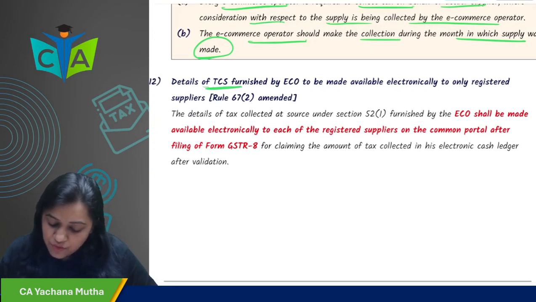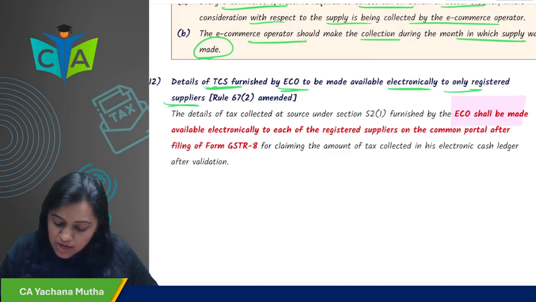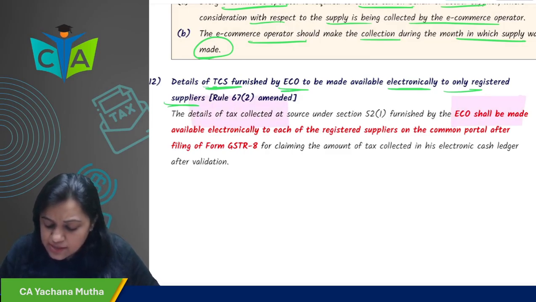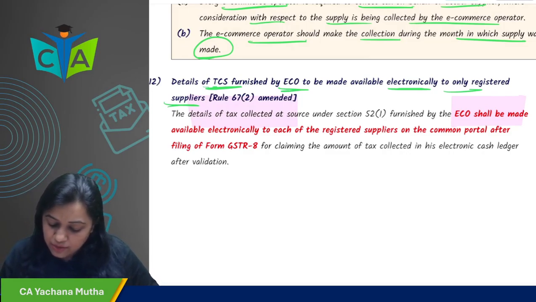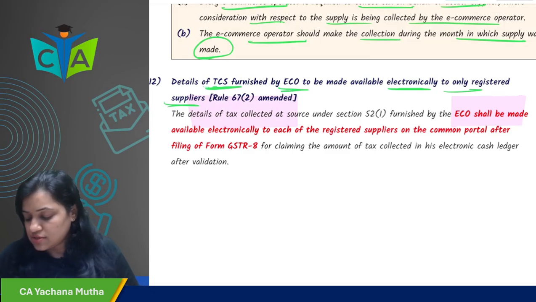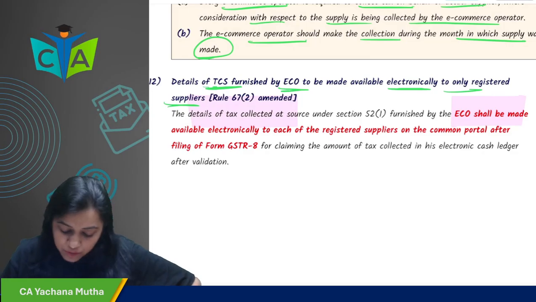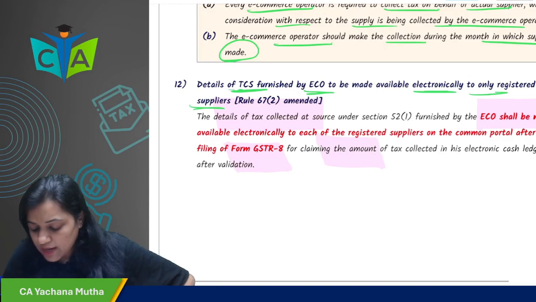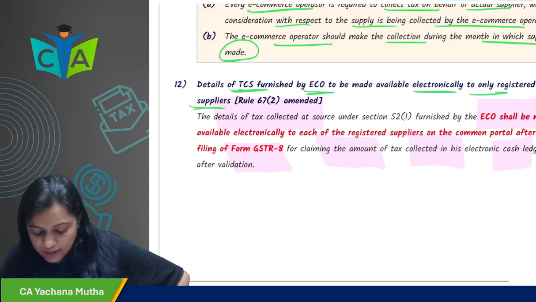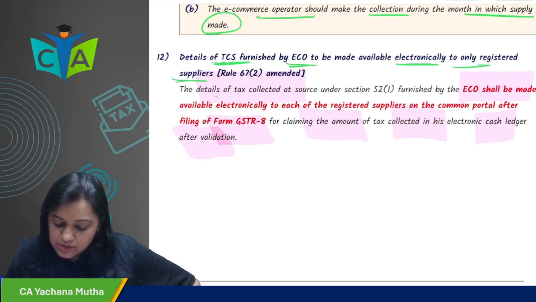Details of TCS furnished by the ECO are to be made available electronically only to the registered supplier. We have already discussed this. Whatever TCS the ECO is collecting, it is to be made available electronically to each of the registered suppliers on the common portal, after filing of GSTR 8, for claiming the amount of TCS in the electronic cash ledger after validation.